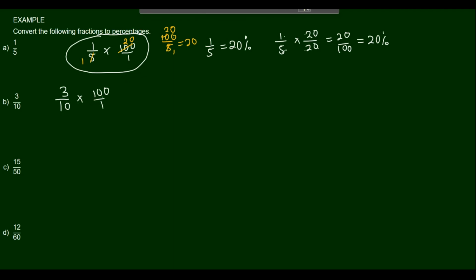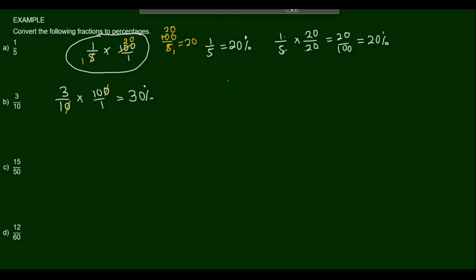Like we discussed in our previous lesson, when dividing by 10, you can just cancel the zeros. You cancel the 0 here, cancel the 0 there. So what are we left with? We're left with 3 times 10. You see that it becomes easy to deal with 3 times 10. So it becomes 3 times 10 over 1 times 1. So it becomes 30. So this is 30%.